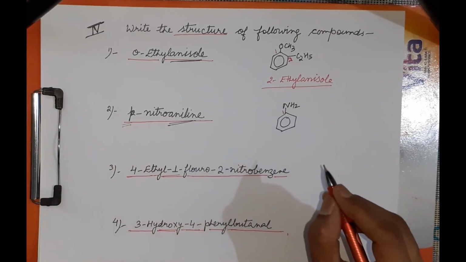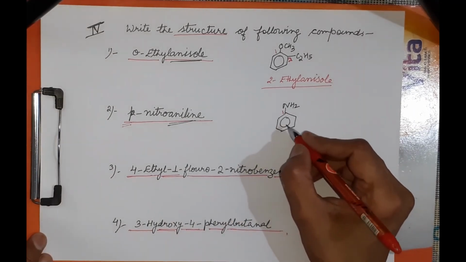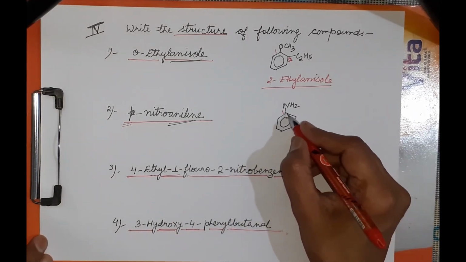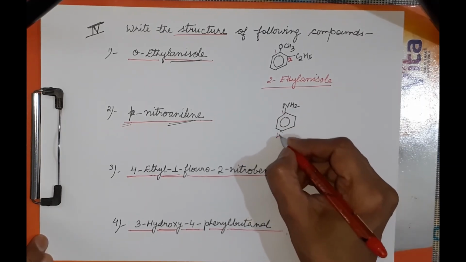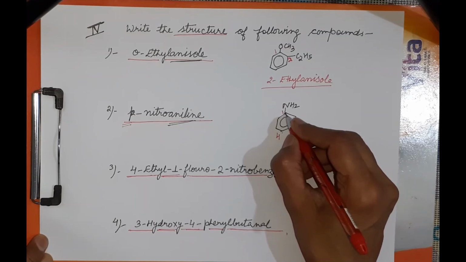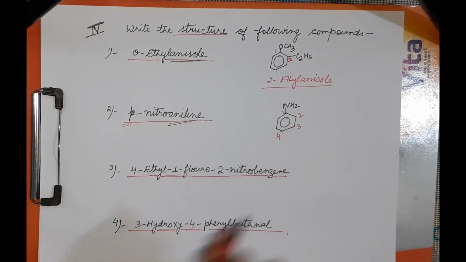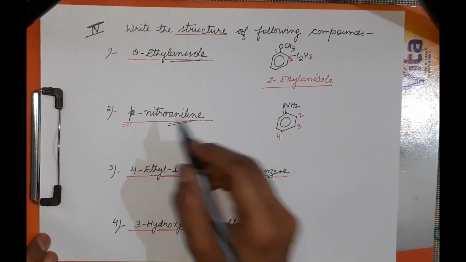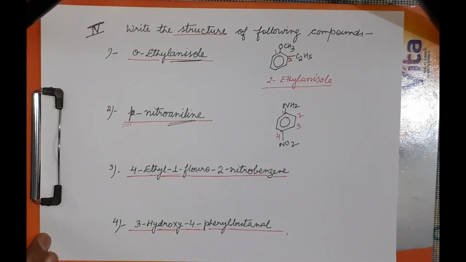What does para mean? Para means the two substituents are present at the 1 and 4 number positions. This NH2 is at the 1 number position, and this will be the 4 number position. The nitro group should be present at this 4 number carbon atom.